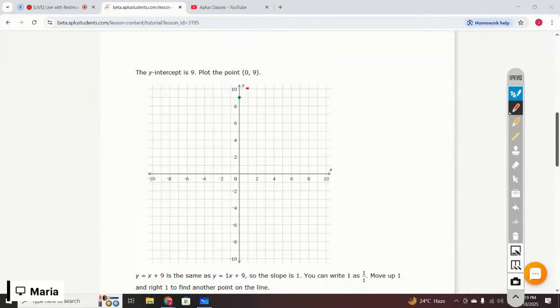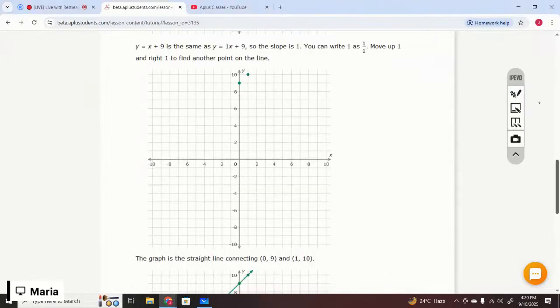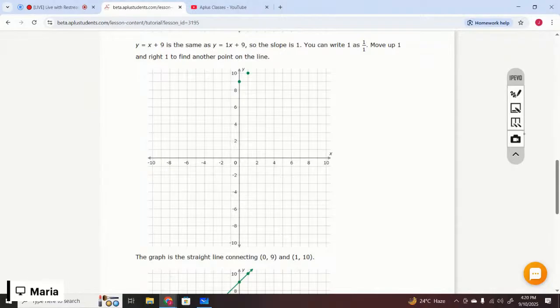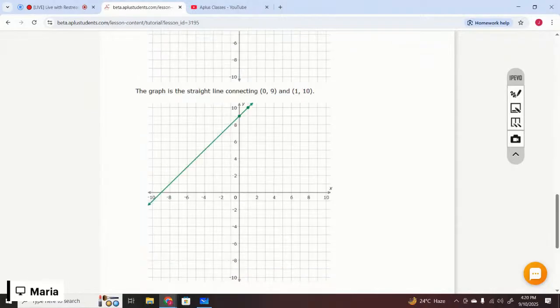So just join these 2 points and make a line.